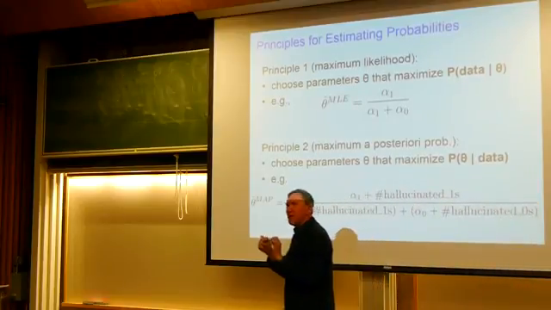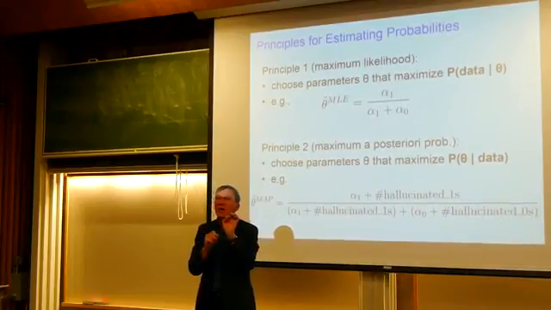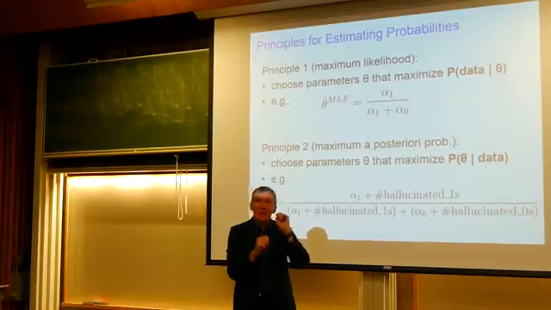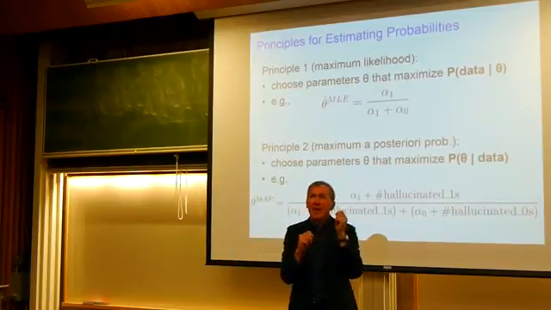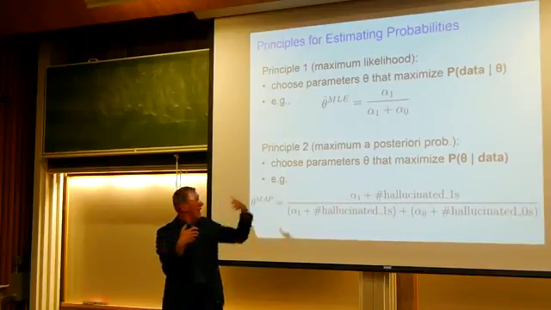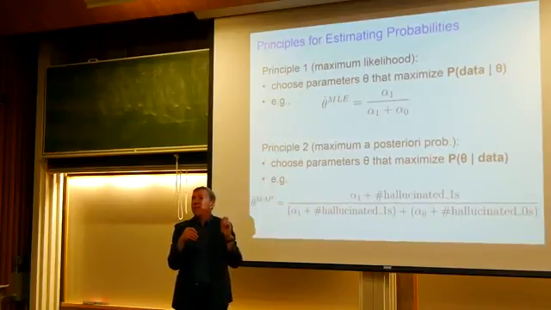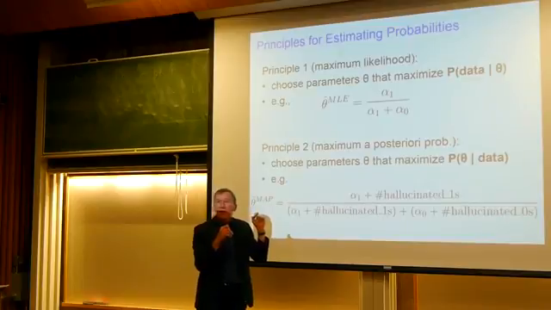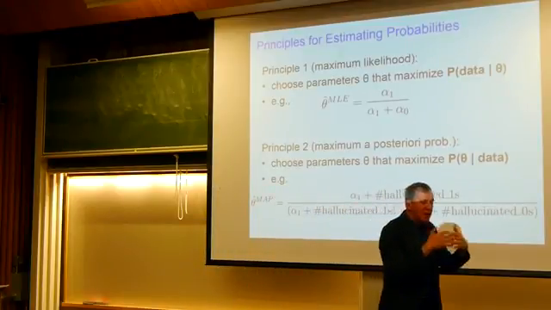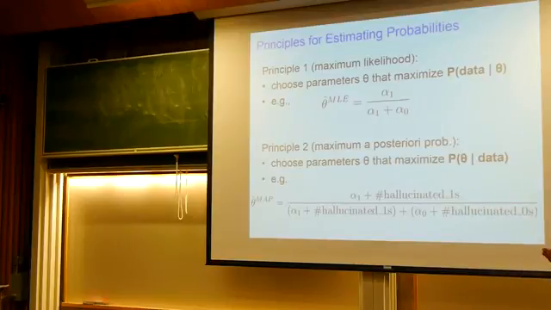Actually, let me back up. The coin flip example is a very simple example where there was just one number, one parameter we're trying to estimate. What's the probability that this coin in particular will end up heads? You gave me very good advice on how to do that. But more generally in this course, we're going to sometimes be estimating many parameters at once.